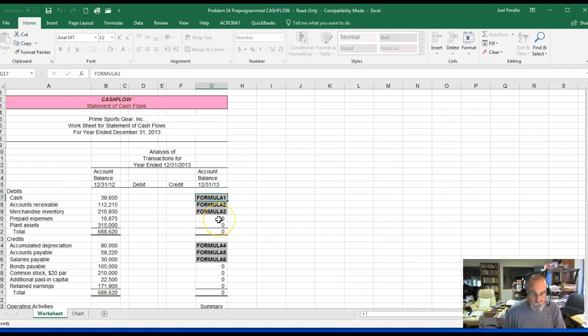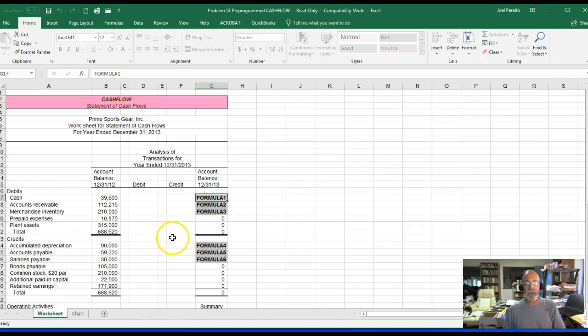For Prime Sports Gear Inc., they show comparative balance sheets. Now the balance sheet and selected income statement data are essential to being able to prepare a statement of cash flows. So they're giving us balance sheet data at the end of 2012 and also at the end of 2013.